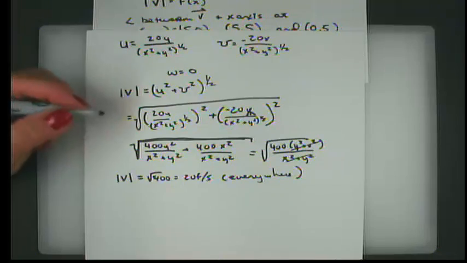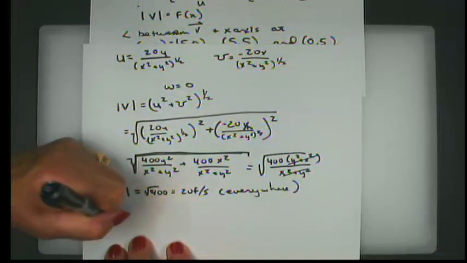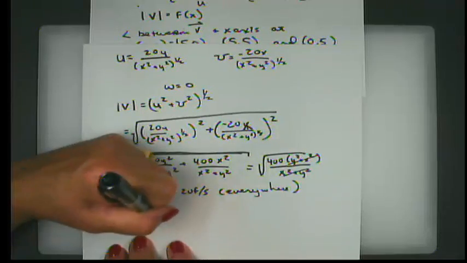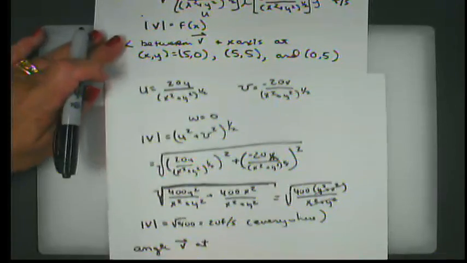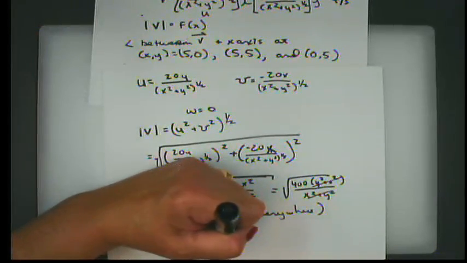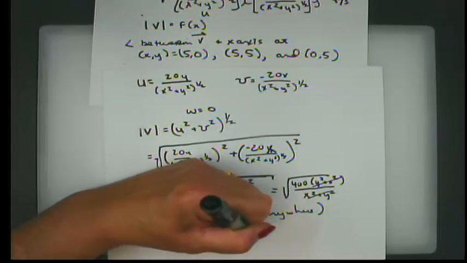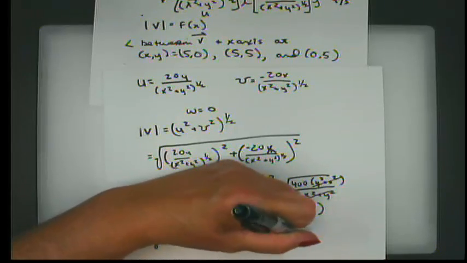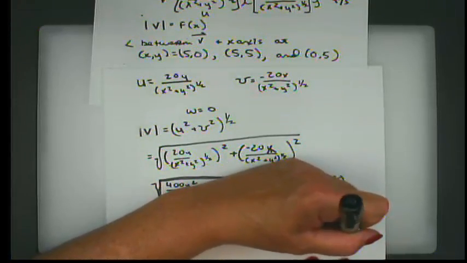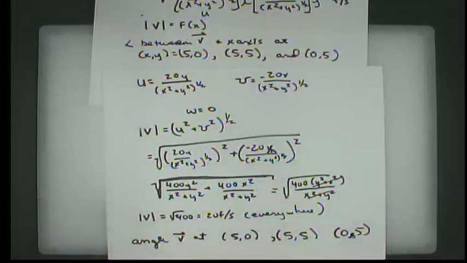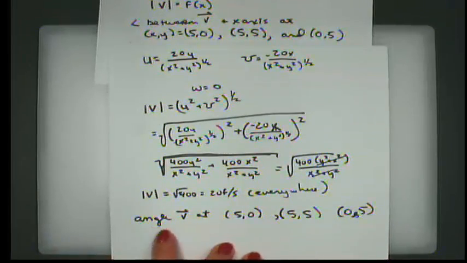All right, so let's find out what is the angle of the velocity vector at 3 points. The 3 points we're asked for are (5, 0), (5, 5), and (0, 5). All right, so first of all, let's find out what the velocity vector is.